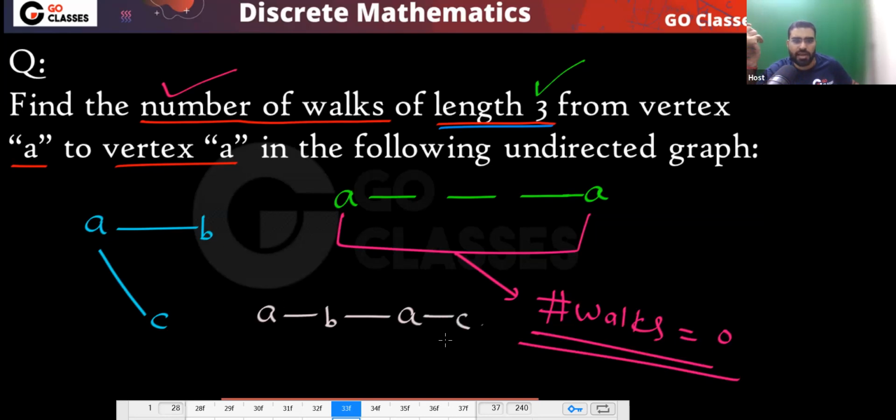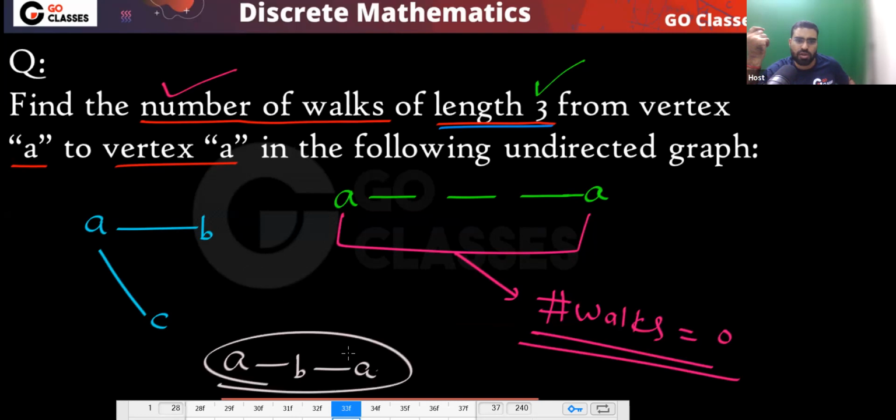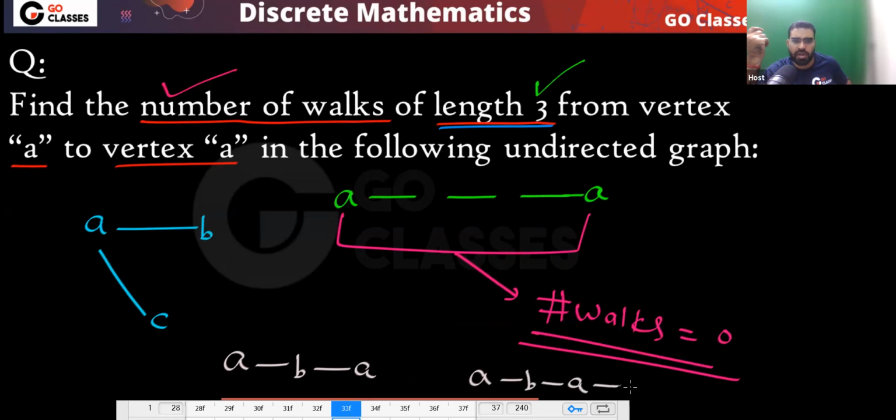Either four edges or two edges. For example, you can have a two-length walk, or a four-length walk, but the number of walks of length three is zero. I am asking about length three walks, and that is zero.